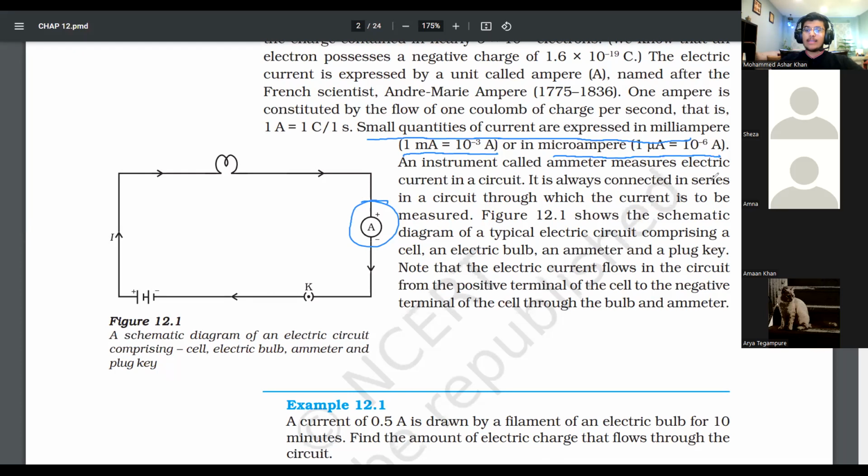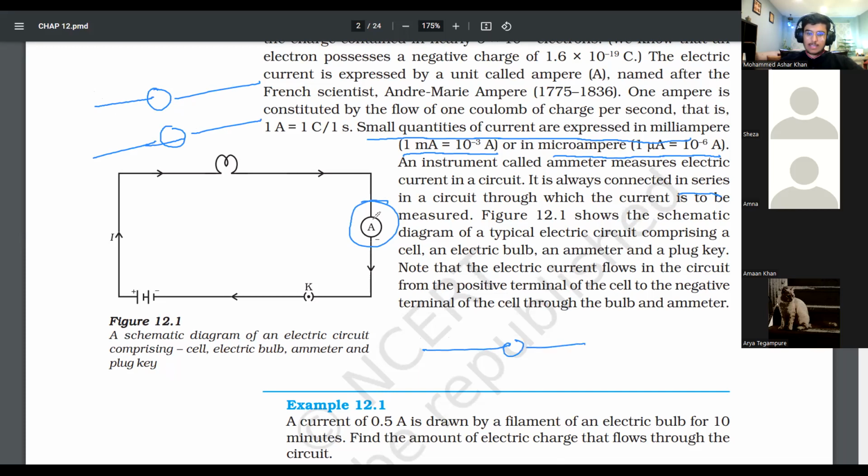It is always connected in series. Now, in series means it is connected like this, in a row, or in between two wires. The wires will pass through the ammeter and the current will flow through it. Obviously, if you want to measure the current, you need the current to flow through the device, therefore measuring it.